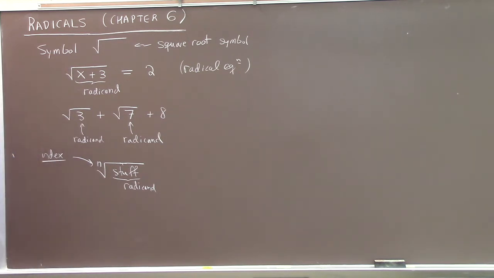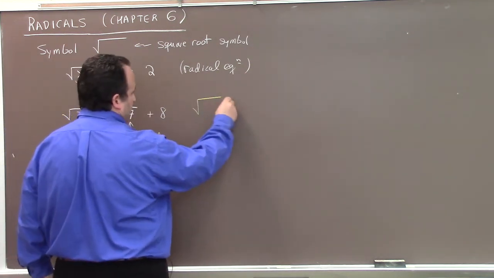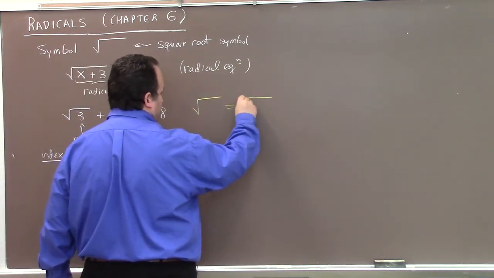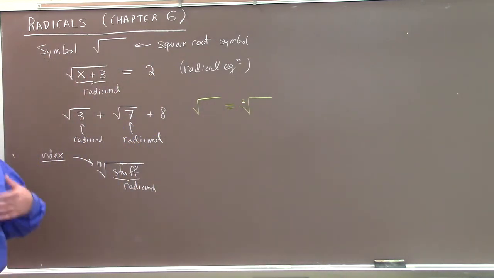Our default is the square root, so this is a shorthand for this. Square root is what we're most interested in, so we don't adorn it with the 2. The index is understood to be 2 for the square root. Okay?